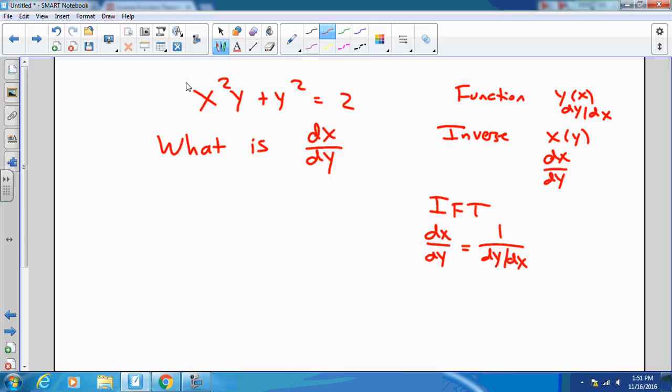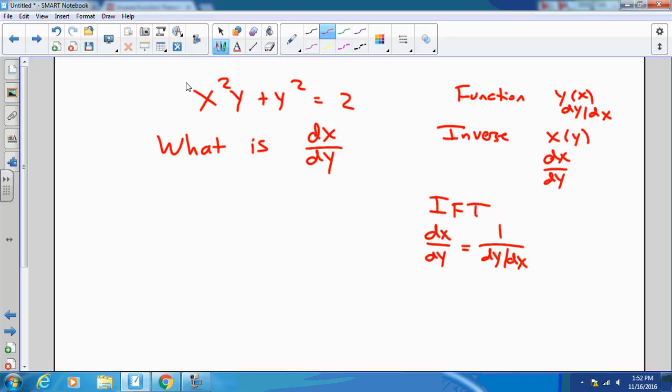Oh, that makes a whole lot of sense, doesn't it? The derivative of the inverse, dx dy, is simply the reciprocal of dy dx. And that notation, even though this looks like a compound fraction, it's not really. What it really is is the reciprocal of a rate of change.